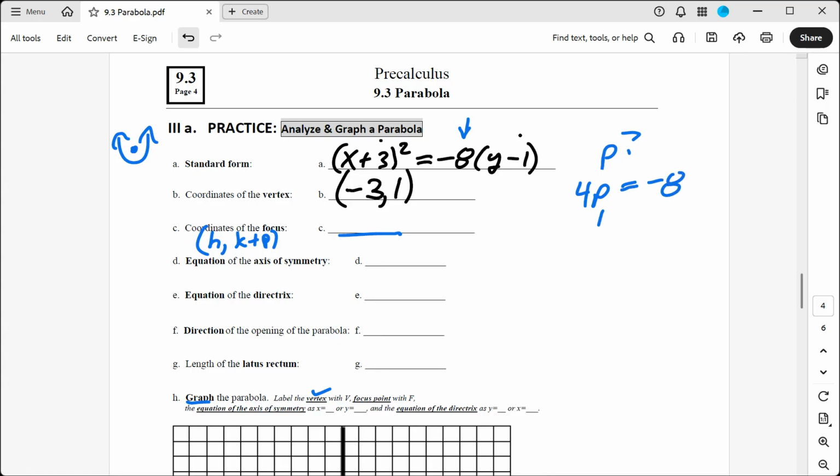If we divide by 4, we see that p is -2. So now we know that p is -2, and I'll do k plus p. That's 1, because k is 1 here, the opposite of the -1. So that's 1 plus -2, which is -1. So that means our new k is -1.